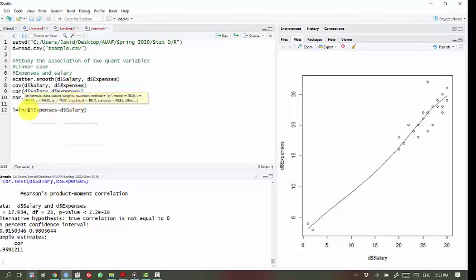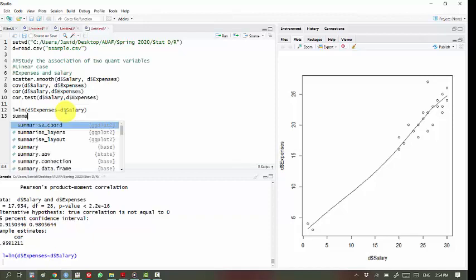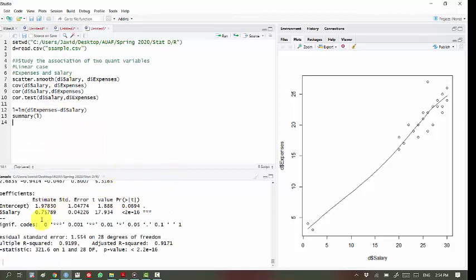Remember that first comes the variable on the y-axis, expenses, then the tilde, then the variable on the x-axis. Always this is the dependent variable, this is the independent variable. Now run the model. In order to see the outputs of the lm function, I use summary(l) and see a lot of information being produced.